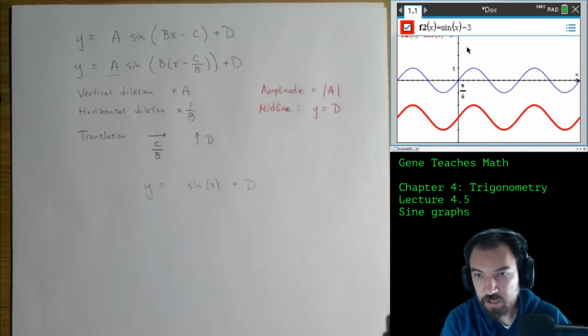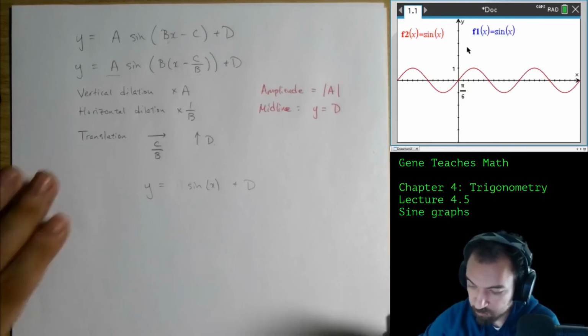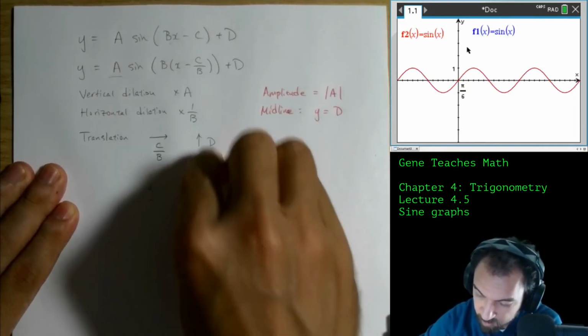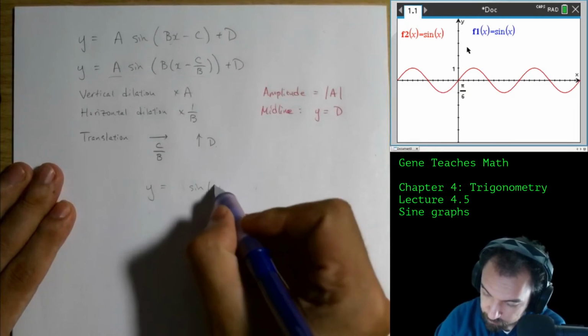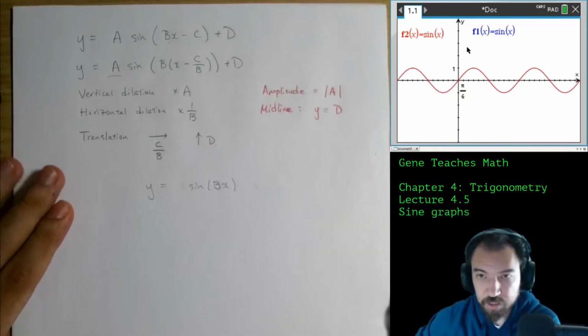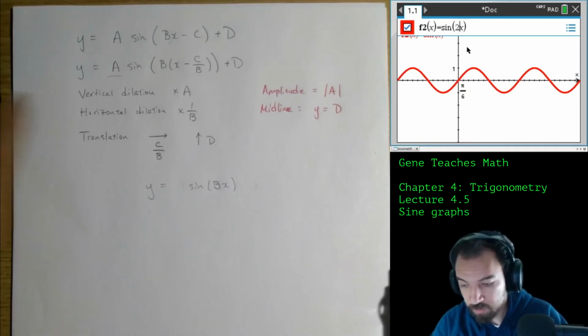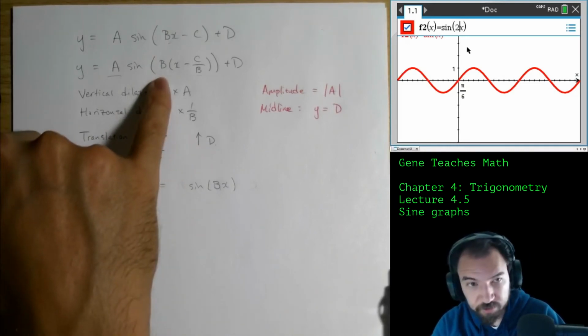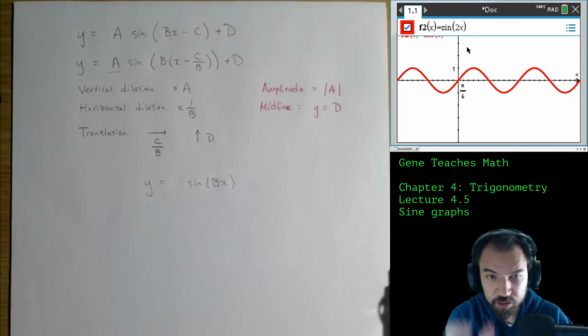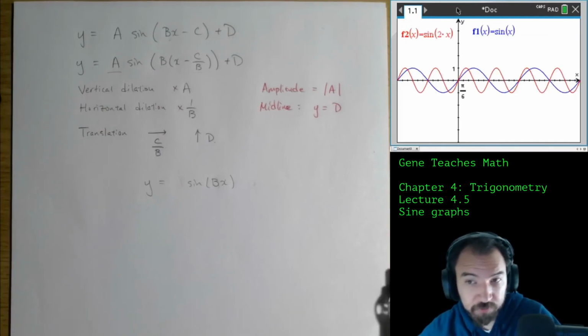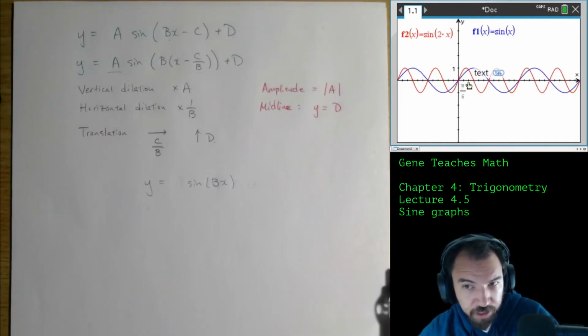Then we say, what if we go back to the default and we would like to change the horizontal dilation factor? So if I put a 2 in here, that will be a horizontal dilation of a factor 1/2, so it should shrink all the x coordinates. And in fact, the red graph is squished, and so its period is also squished.